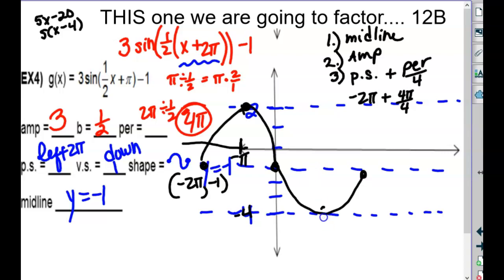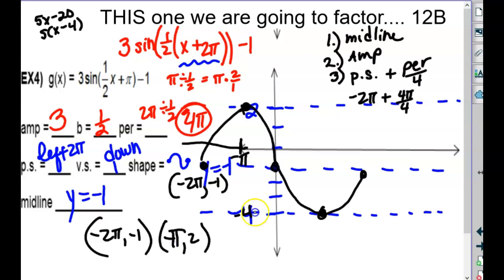Can anybody tell me the ordered pairs? -2 pi, -1. -1 pi, +2. Then what? 0, 0. Nope, 0, -1, because it's at the midline. Then the bottom is, what are we counting by again?